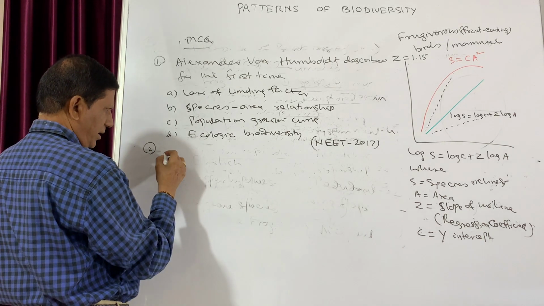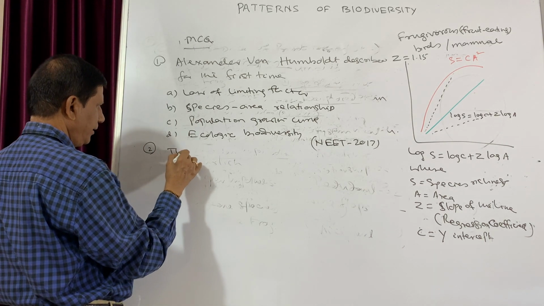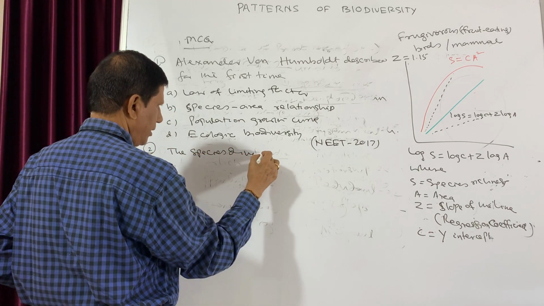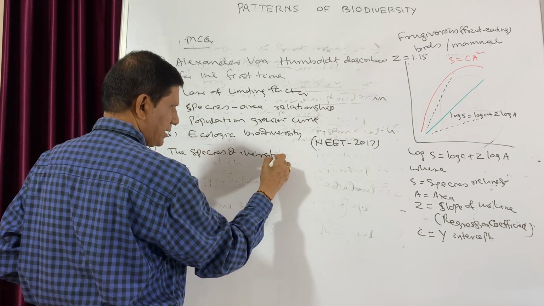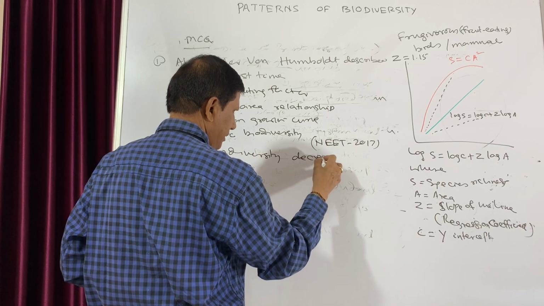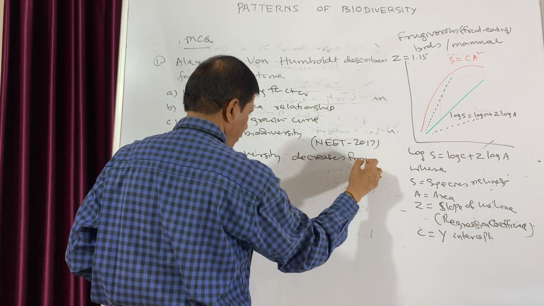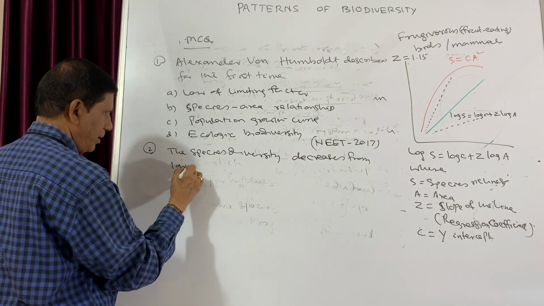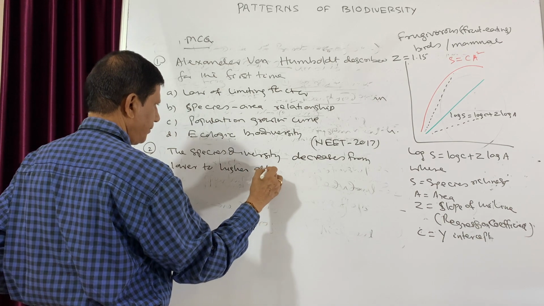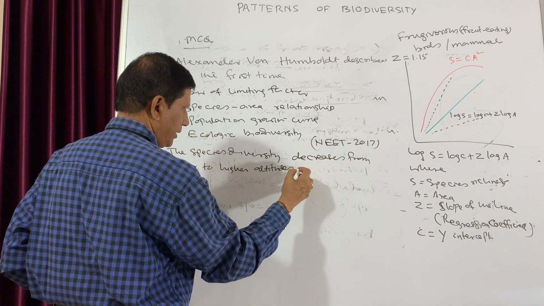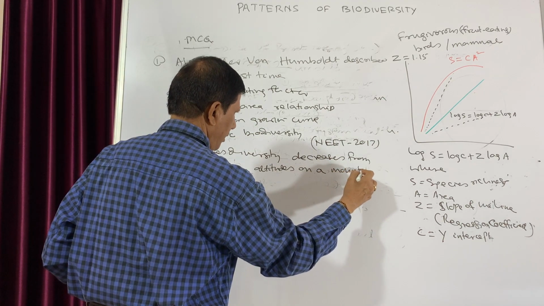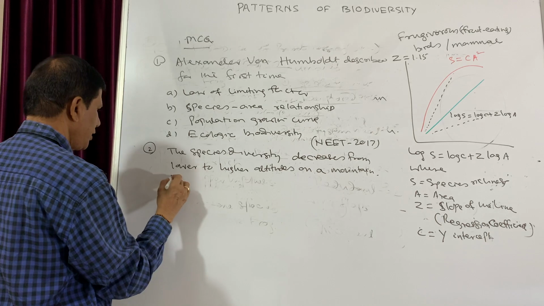The second one: the species diversity decreases from lower to higher altitudes on a mountain.